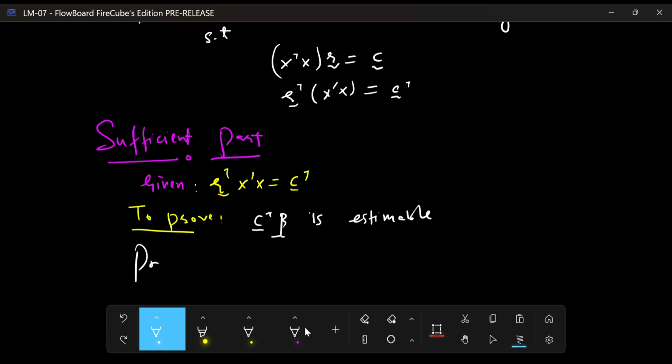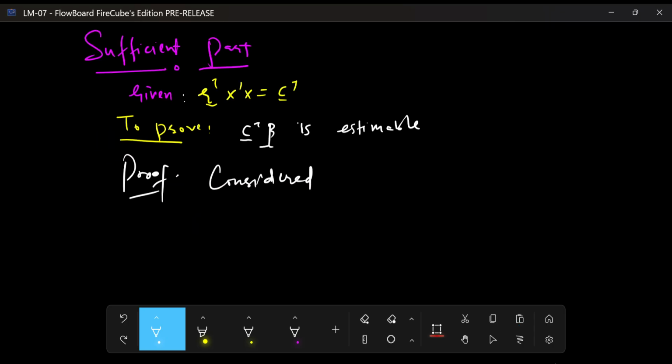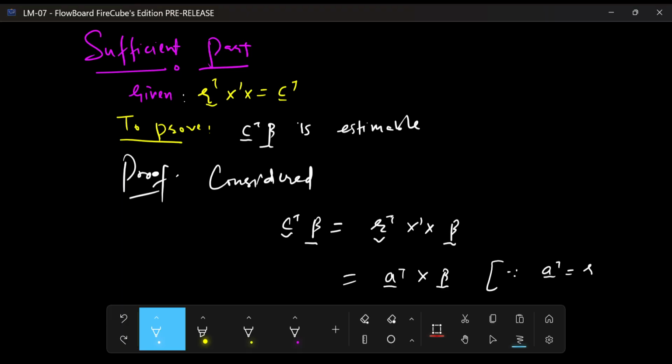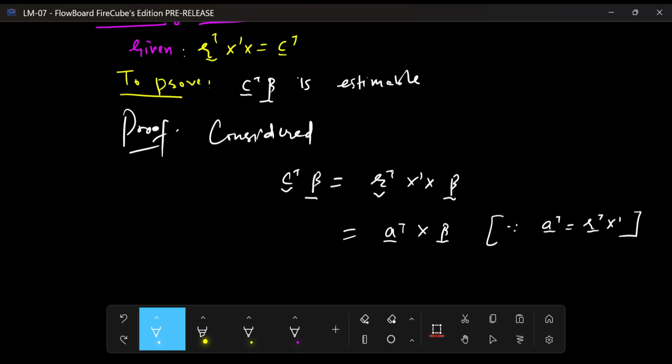So consider the proof. Consider C curl transpose beta curl is equal to R curl transpose X beta curl. Can I write this as A curl transpose X beta curl, because A curl transpose is equal to R curl transpose X transpose? So what is this?